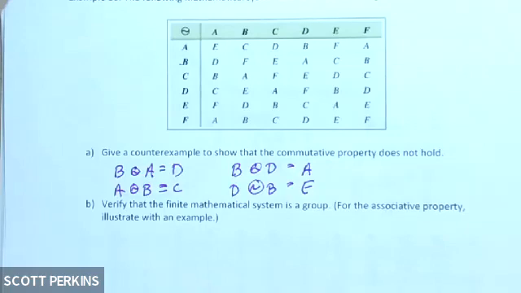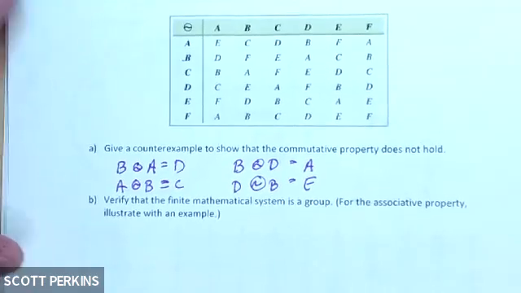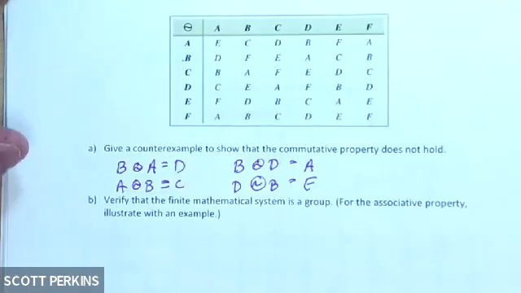So whatever you pick, that's the essence of it. You're picking two elements and you're just changing their order to see that you don't get the same thing either way.